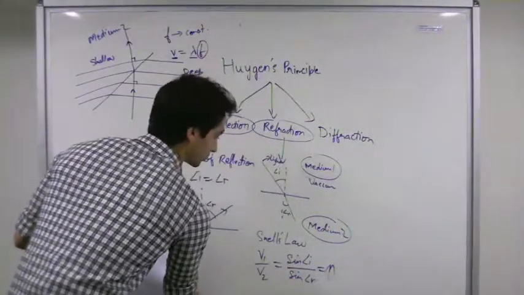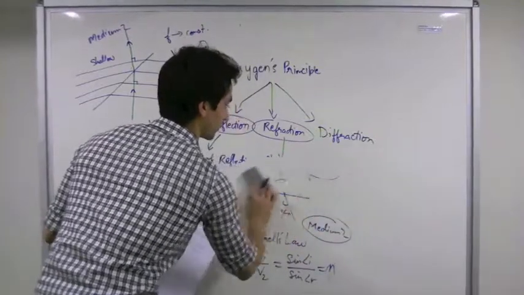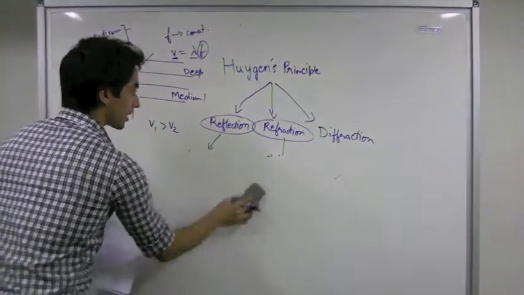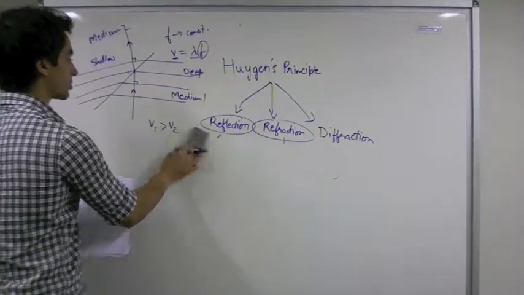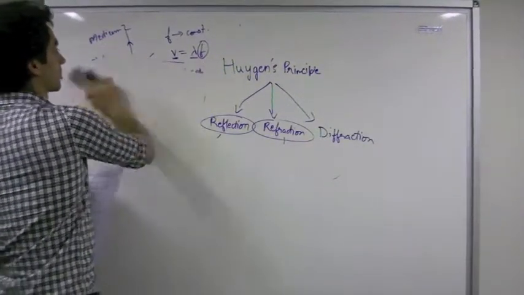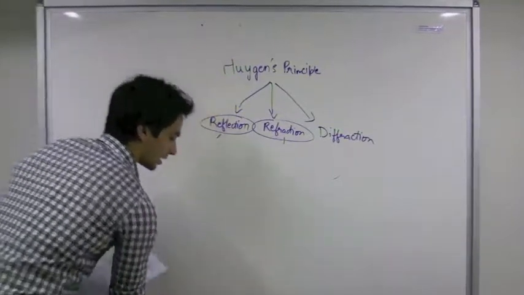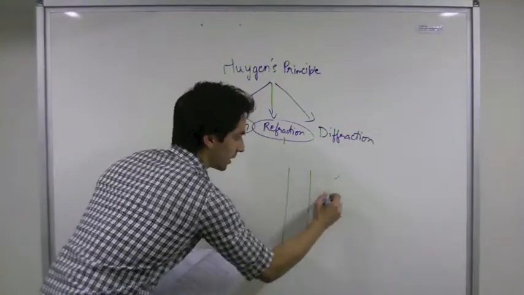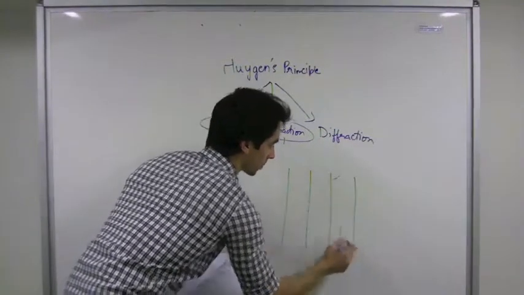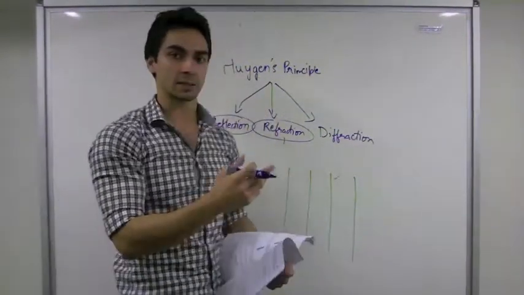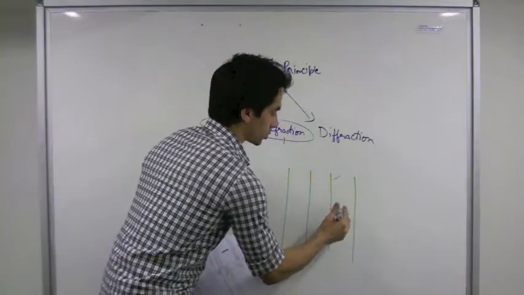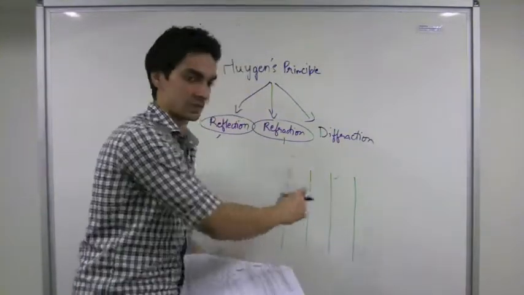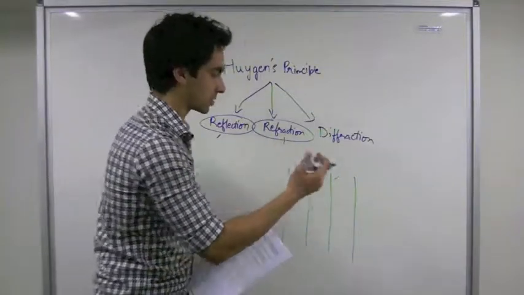Now, diffraction can be directly explained using Huygens principle. In diffraction, what happens is, like we mentioned, each point on the wave actually acts as a secondary source of the wave. We mentioned that the pattern that we see is because of the interference of these individual sources.